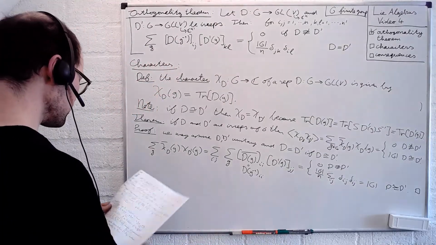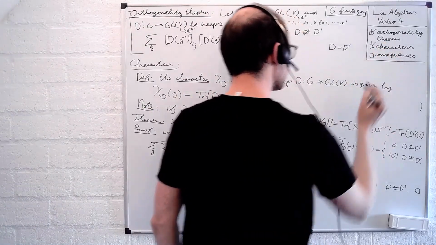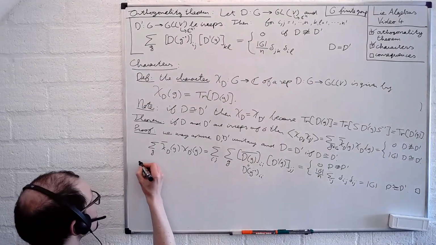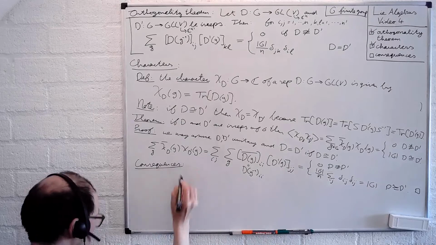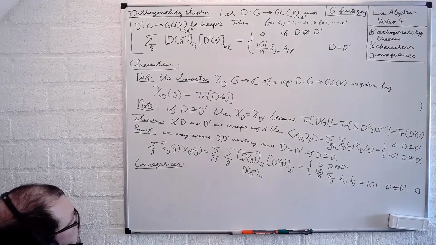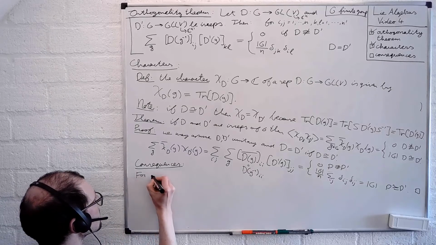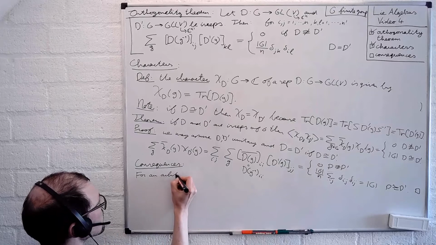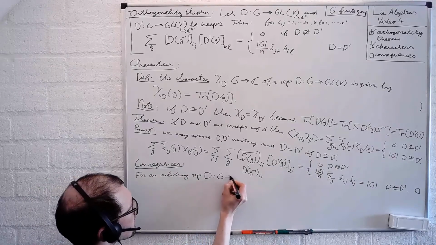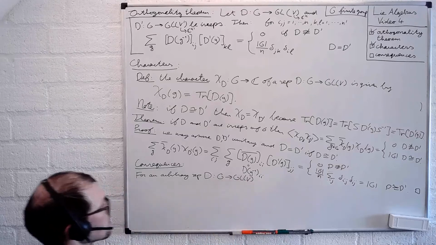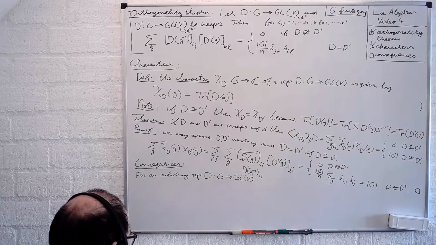So there are a couple of consequences here that I'm going to write down before finishing. So we know that for an arbitrary representation D, we can decompose it into irreducible representations.